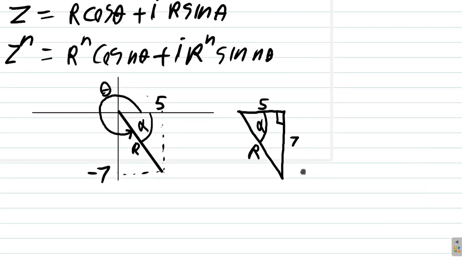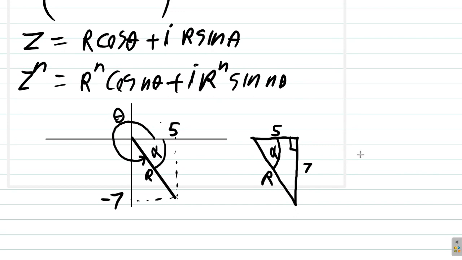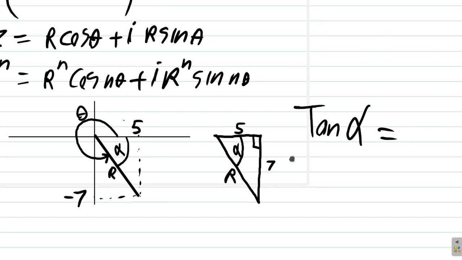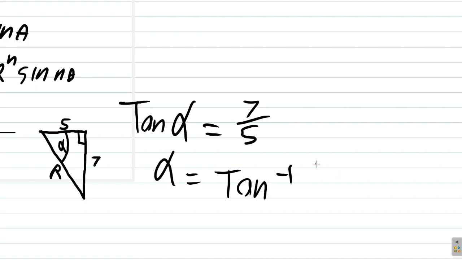We use our knowledge of trigonometry to do that. Tan alpha is equal to the opposite, 7, over the adjacent, 5. So alpha is going to be tan inverse of 7 over 5.